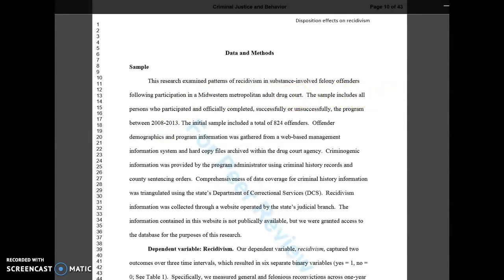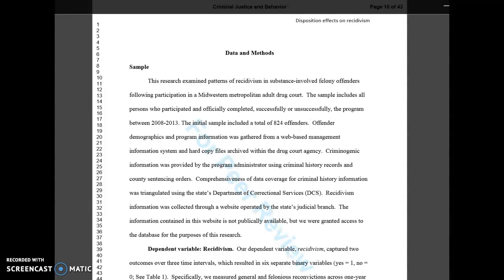In our Chapter 3, when we're talking about the idea of anonymity and confidentiality, generally speaking, when we use data from particular programs, we do not specify what the program is. So we give it a generic name, like here, Midwestern Metropolitan Adult Drug Court.